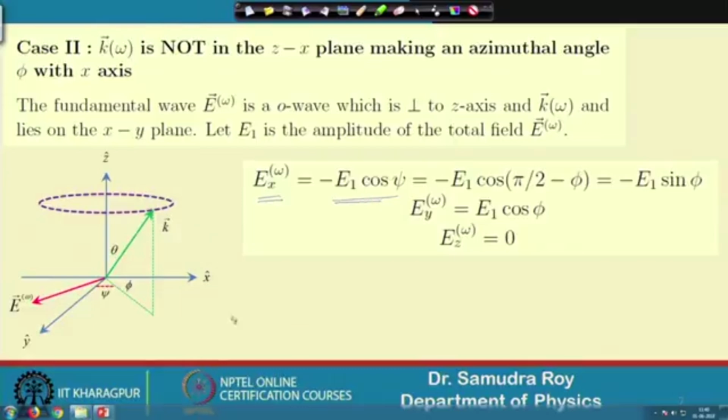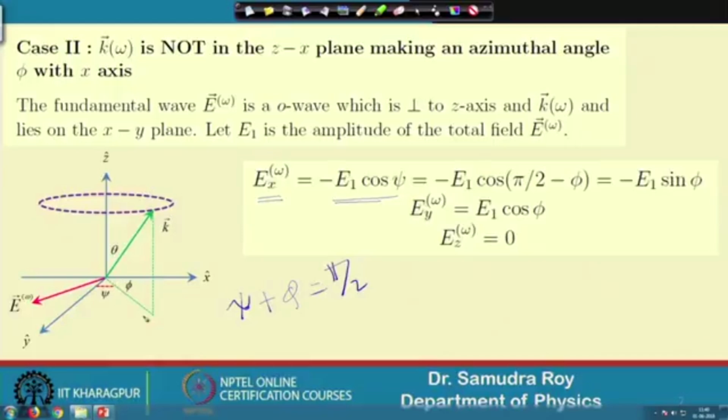If I write in terms of psi, psi plus phi is pi by 2. This angle is pi by 2, because this is the angle between the x direction and y direction, which are perpendicular, and also E is perpendicular to this plane. So, E is perpendicular to this dotted line.